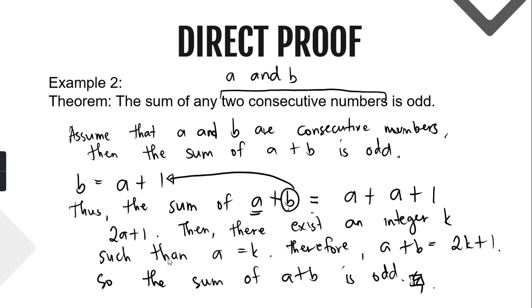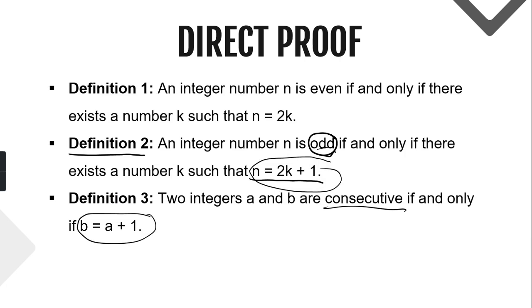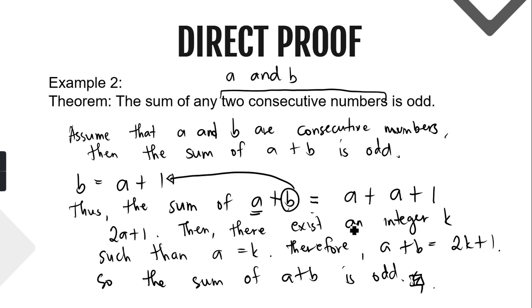So, base po doon sa ating definition number 3, again, balikan natin yung definition number 3 natin. Two integers A and B are consecutive if and only if B is equal to A plus 1. So, ginamit natin yung definition number 3 here. Ayan. Tapos, since sum siya, pinag-add natin si A plus B. Using the definition number 3, sinubstitute natin yung value ni B, which is A plus 1.